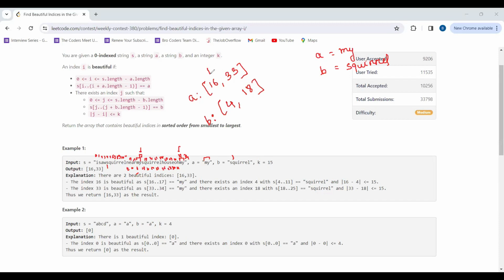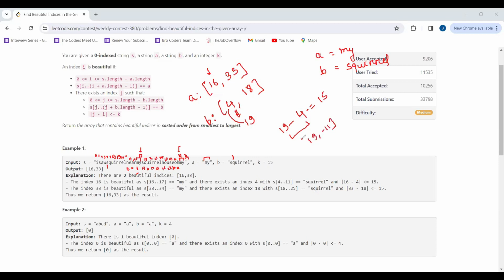First of all, we need to find what all elements we can tolerate. For the B at 19, 19 minus 15 is 4, so we can tolerate from 4 to 19. Sorry, for B at 4, we can tolerate 4 minus 15 to 4 plus 15, that is minus 11 to 19.